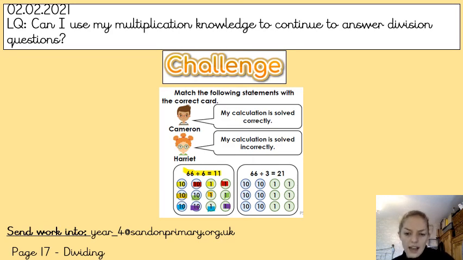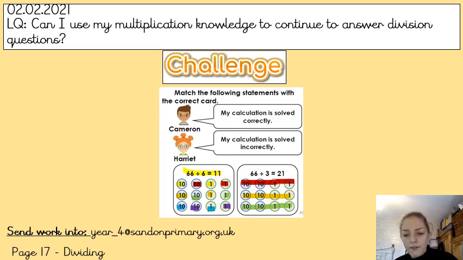Well, the next one says 66 divided by 3 equals 21. So I can see that they have grouped it like this, 3 groups of 21. Is that correct? What do we think? Who does that working out need to be matched to? Okay, so very simple today.